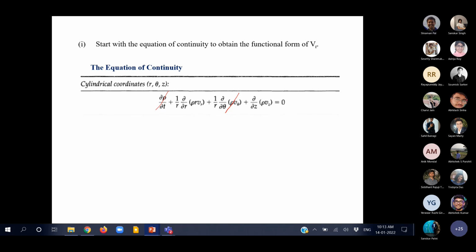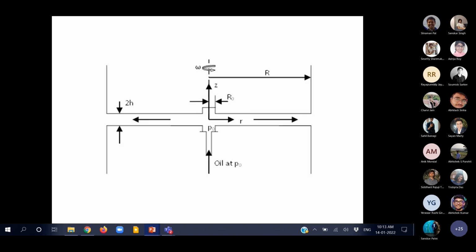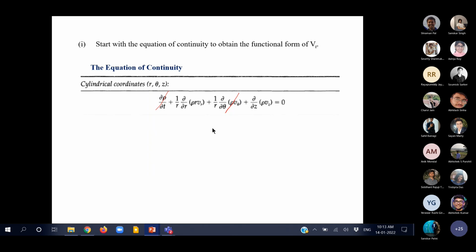Someone said zero. Vz is 0. So even though we understand that there exists a Vz right over here, as I said, my region of analysis does not include this portion. So everywhere else, my Vz is simply going to be equal to 0.